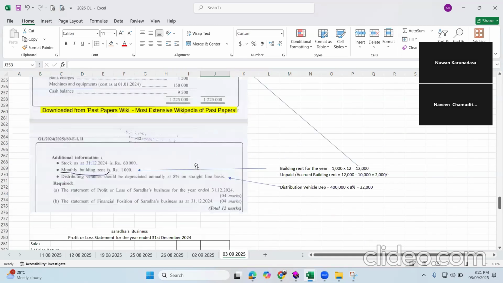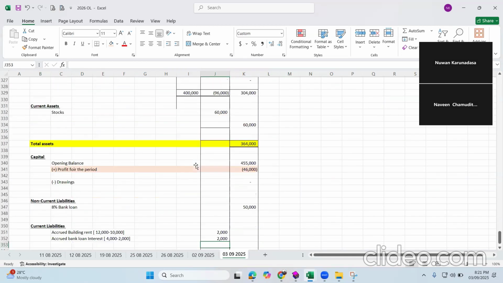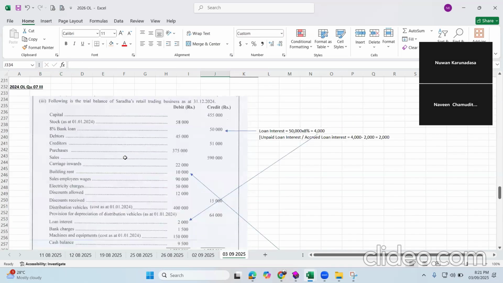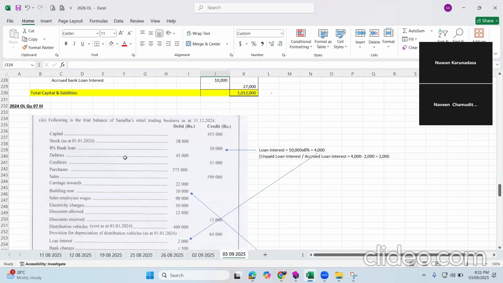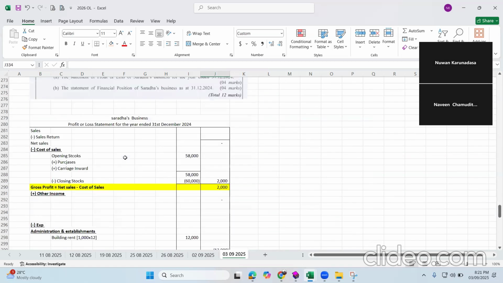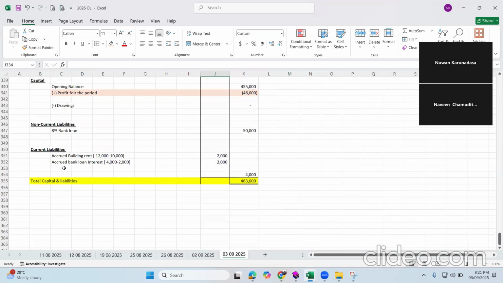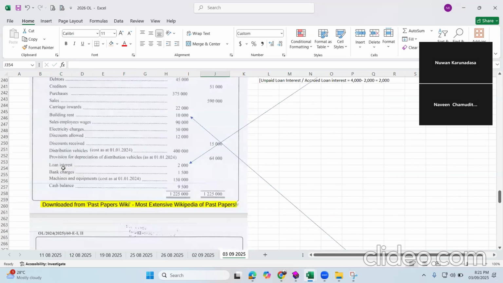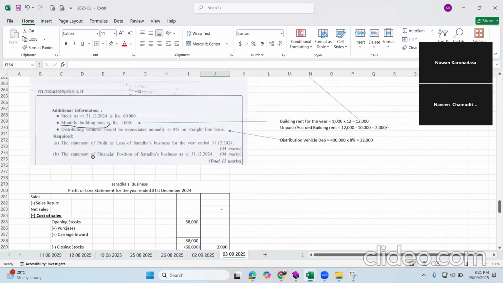Debtors 45,000. Current assets. Then creditors 51,000. Current liability. 51,000.